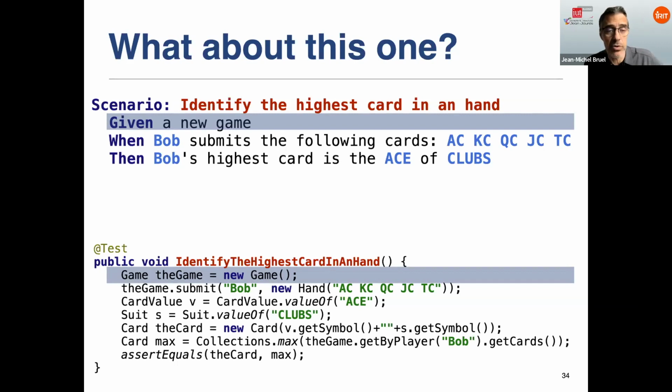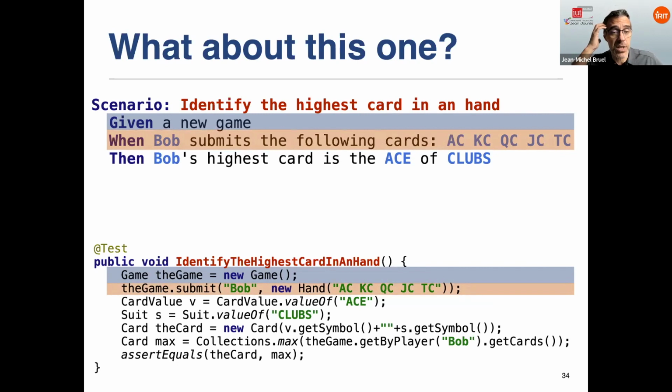So given a new game, there is in the scenario a situation we want to assess, or test, or describe as the kind of thing that can happen. So you have this when clause, which is also in the test.